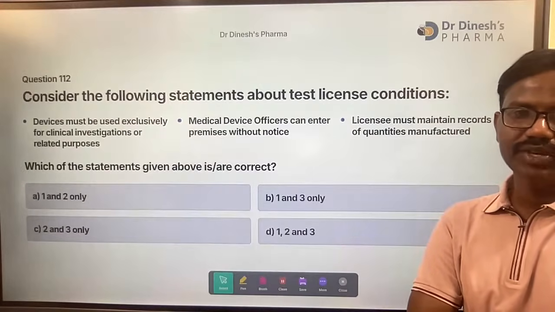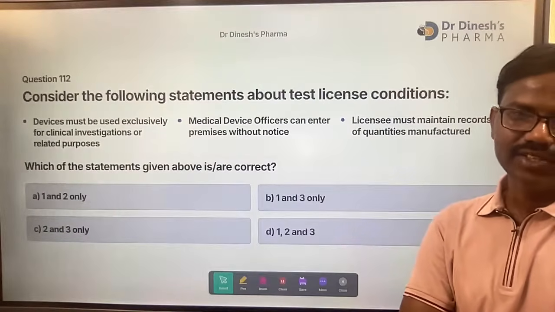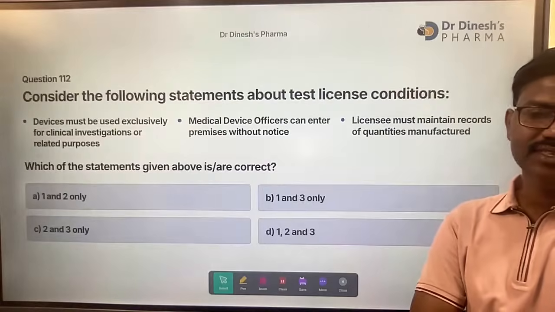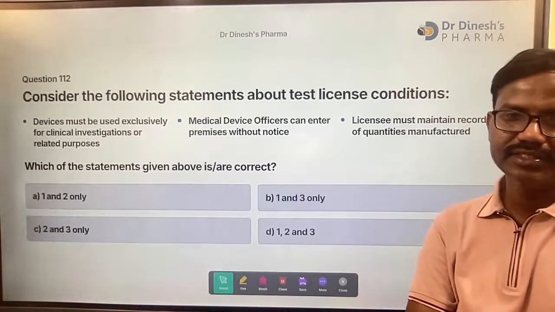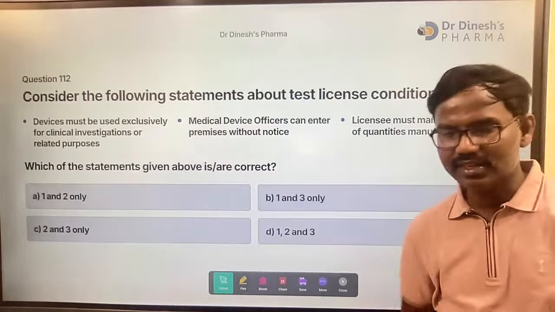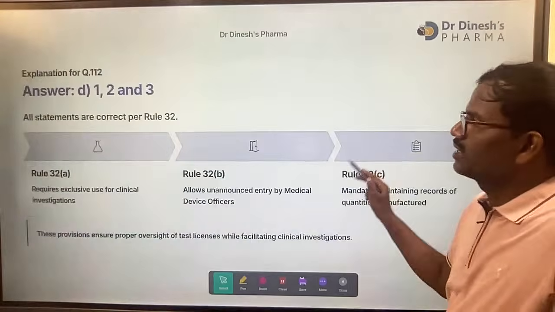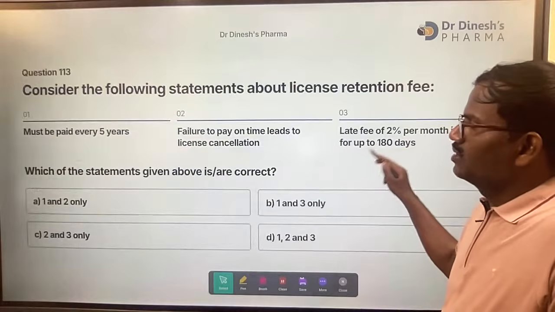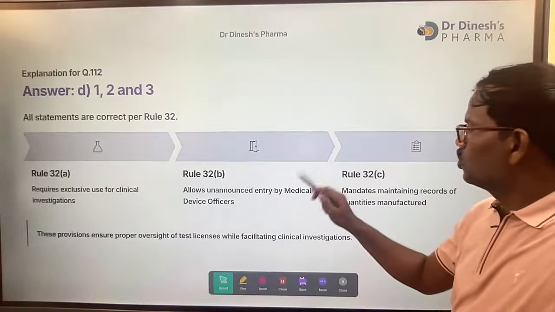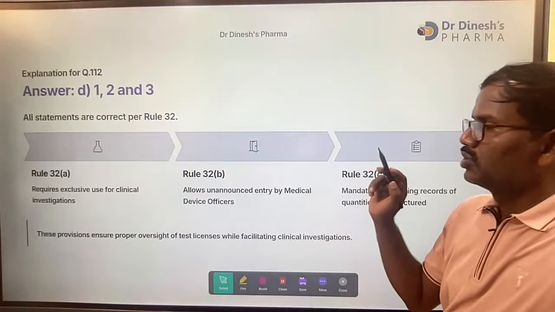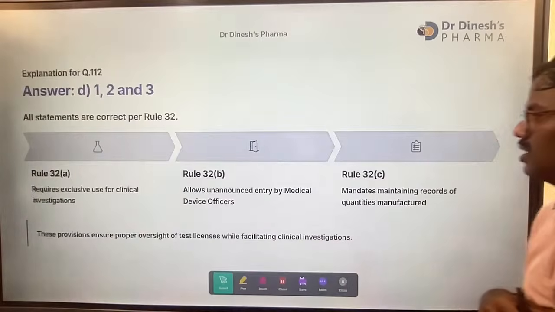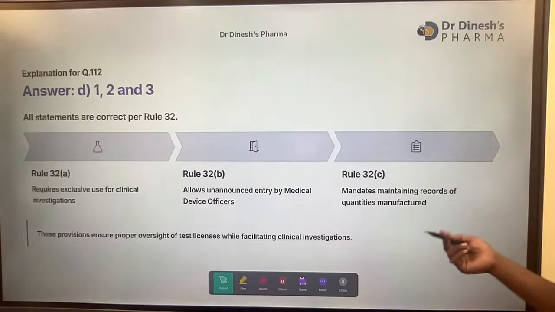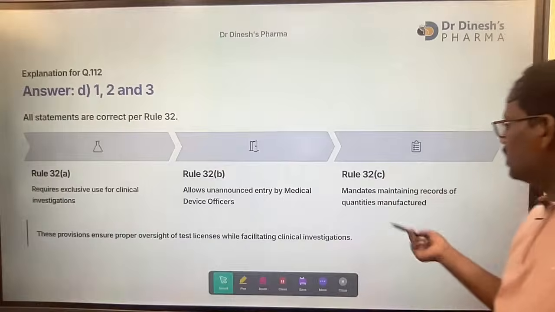Everyone knows you can enter premises without notice, that is a power of the drug inspector. What about the other two statements? Yes, D. All the statements are correct. So these are rules 32A, 32B, and 32C.